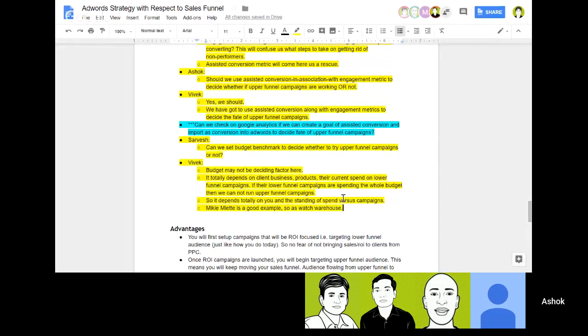If you are performing good and you have a budget to spend, for sure go ahead and try upper funnel. If you are performing good but you are limited by budget, you cannot try upper funnel. It will totally depend on a case by case basis.